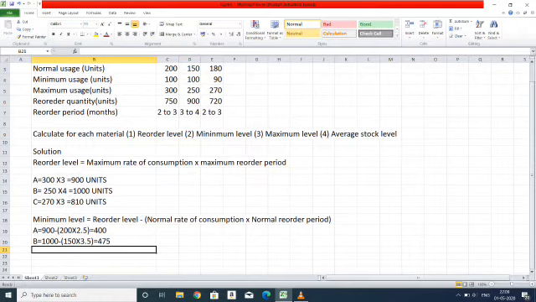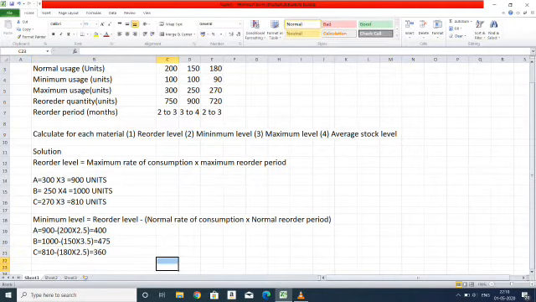Then in case of C, 810, the reorder level, minus normal rate of consumption 180 into 2.5, that is equal to 360.